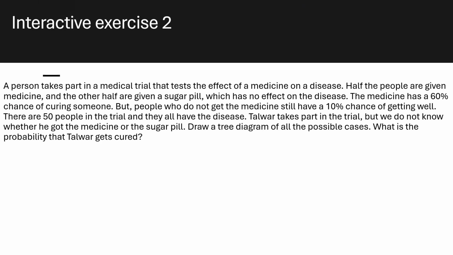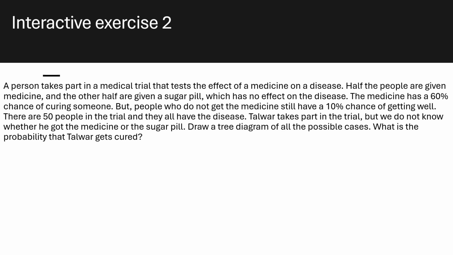All right, let's look at the second interactive exercise. Guys, you can pause the video and try this question and then play it again so that you check your solution. All right, it says a person takes part in a medical trial that tests the effects of a medicine on a disease, right?